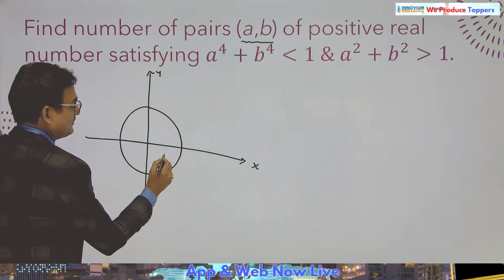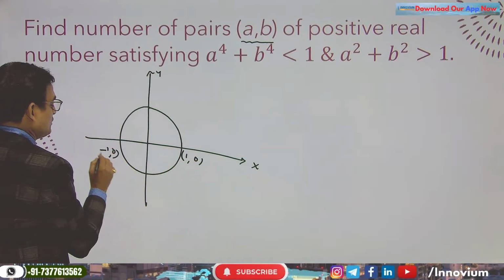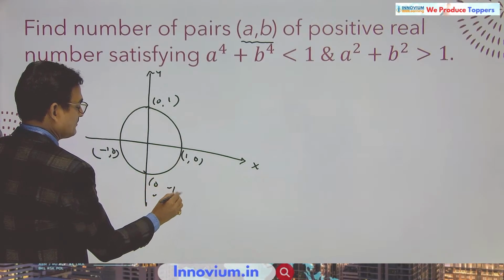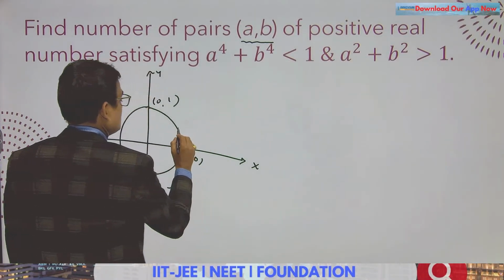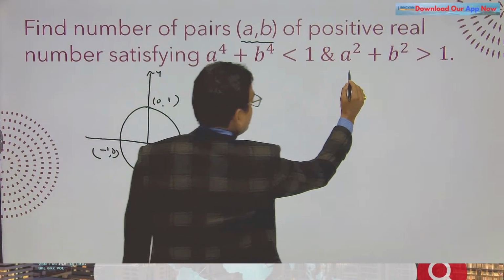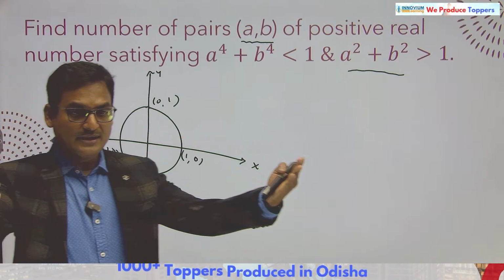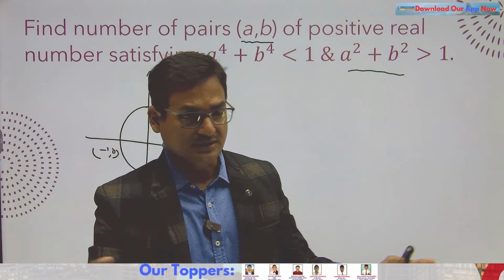It's a symmetrical figure. If this point is 1, 0, this one is minus 1, 0, this one is 0, 1, this one is 0, minus 1. Now, A square plus B square greater than 1 means the outside part of the circle.